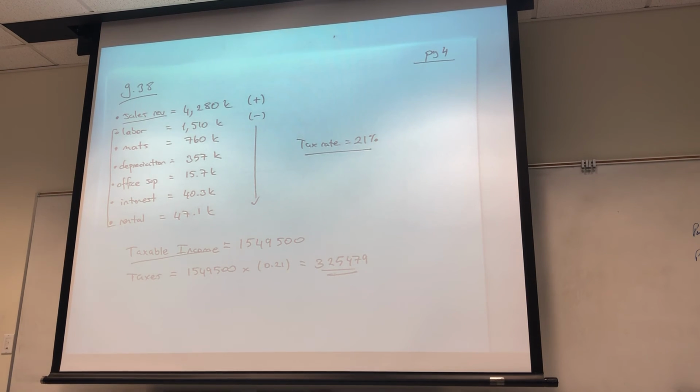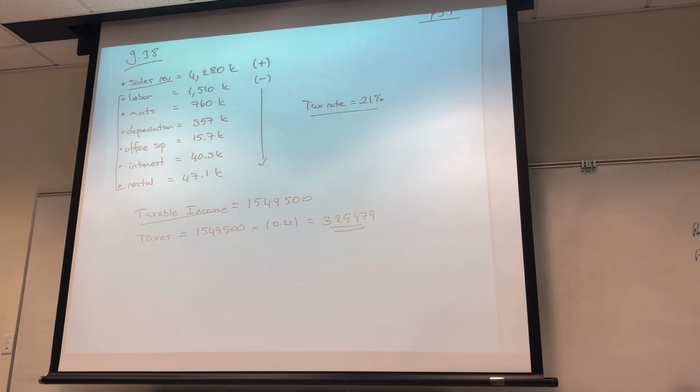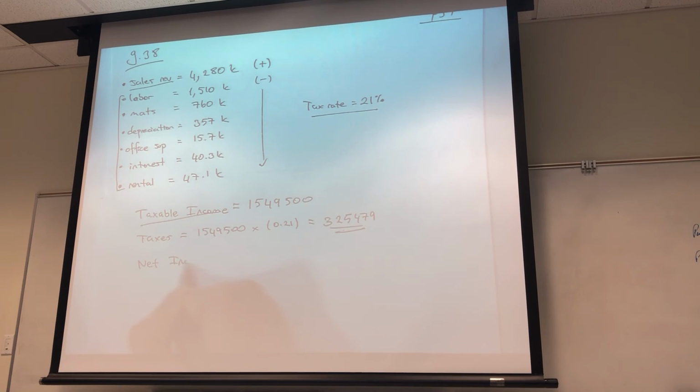So this is 1549500 minus the taxes, 325,395. 1549500 minus the answer, 1,224,105. This is what we earn. Right?